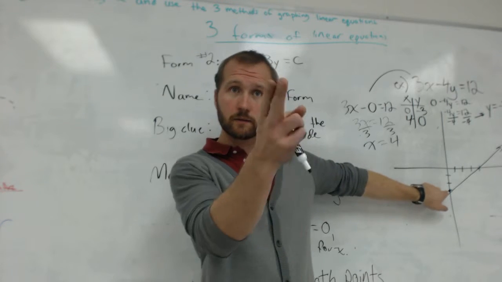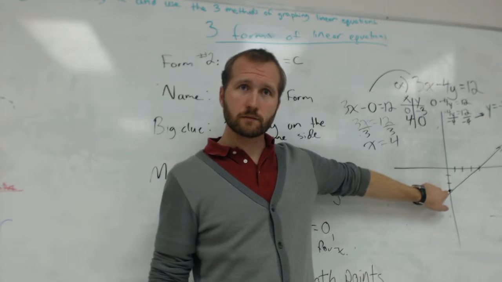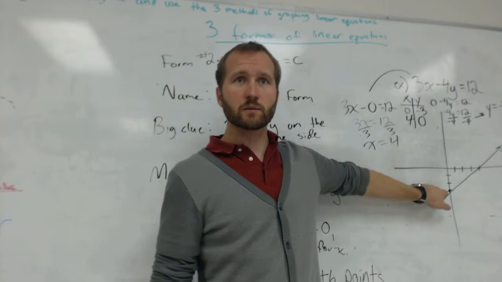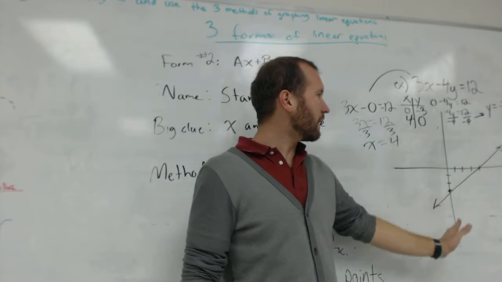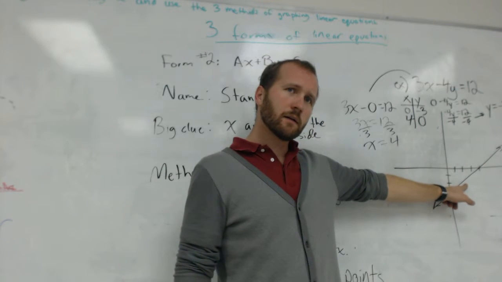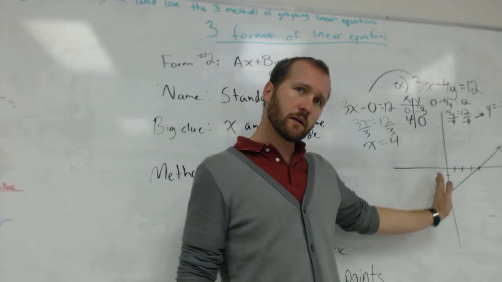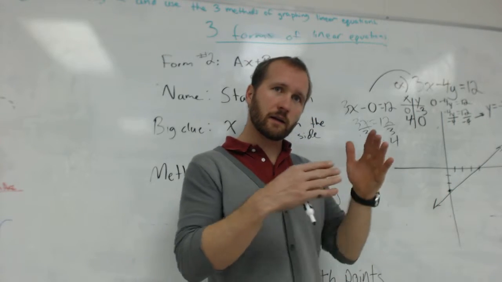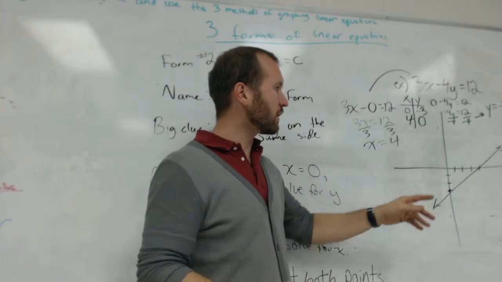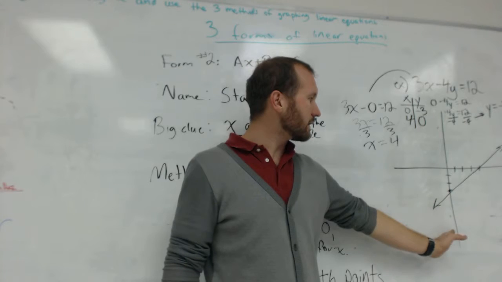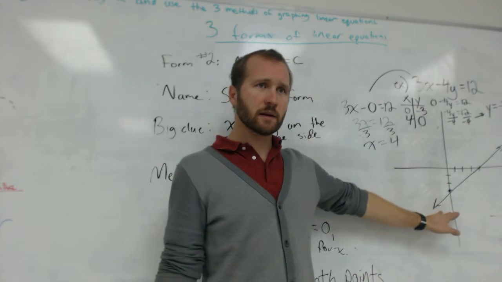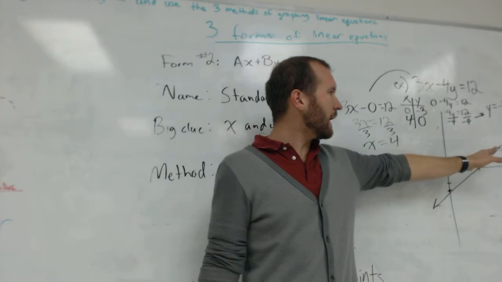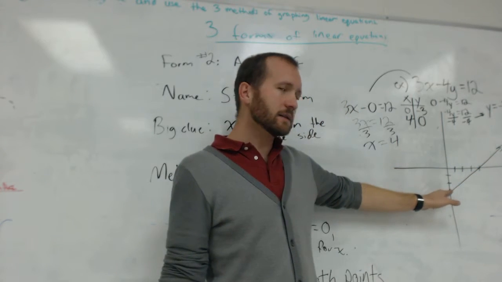It's where this y-axis and the line merge. A lot of times it's said like this. The y-intercept is where the line crosses the y-axis.